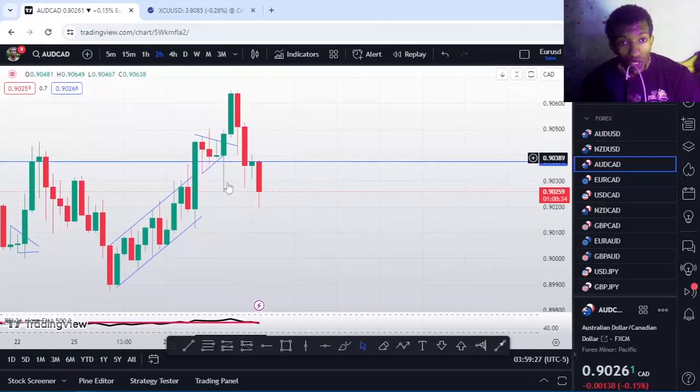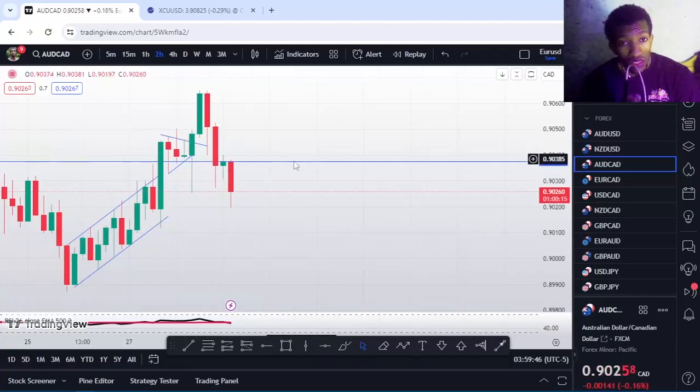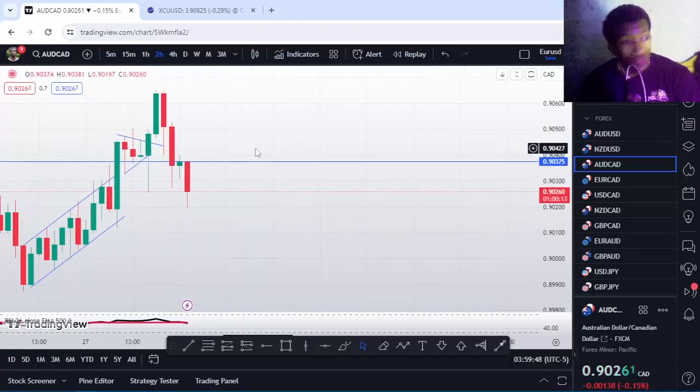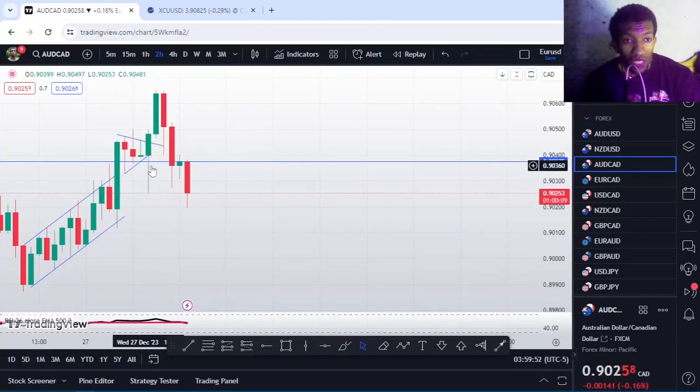So this was a nice trade, and if you remember, we have 4 models. Right here 2 models happened. The first model is a real breakout, which means there is no pullback, no break and retest, no support.